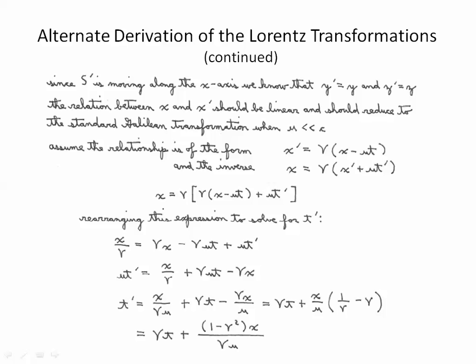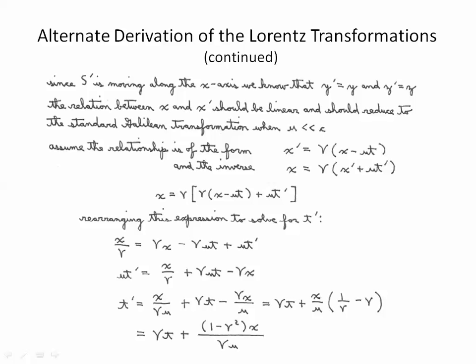This alternate derivation for the Lorentz transformations now follows a similar argument to the first derivation. By choice of coordinate systems, we have y prime equals y and z prime equals z. The relationship between x and x prime should be linear and should reduce to the Newtonian or Galilean transformation for small values of u.